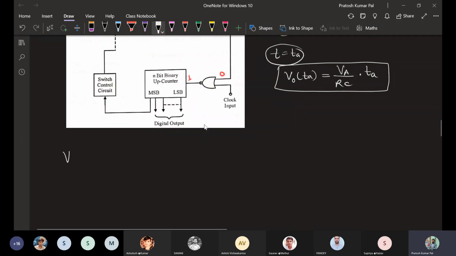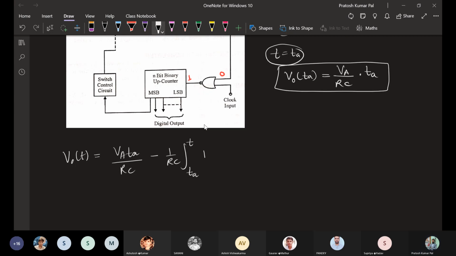So the output, when we are connecting the switch to the reference voltage, will be coming out to be VA TA divided by RC minus 1 by RC integration. So we are integrating between TA to T value, to the reference voltage.